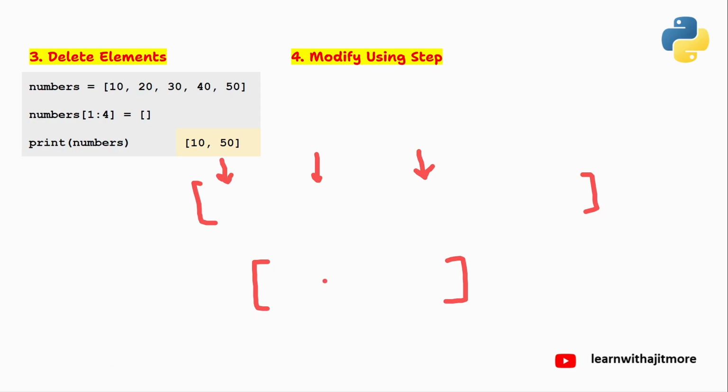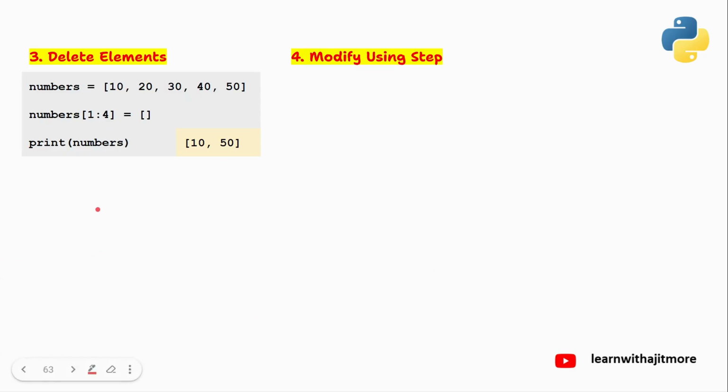First element will go here, second here, third here. So elements at a fixed interval, you want to replace with the elements from another iterable. You can do it. That time you have to write your list, whatever the start index is, end index is, and the step.